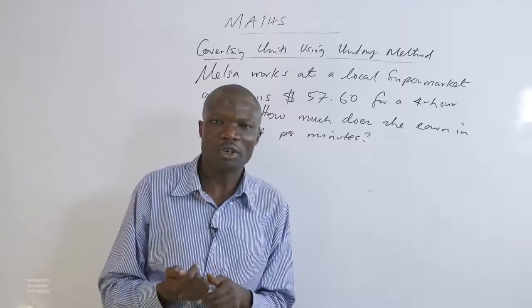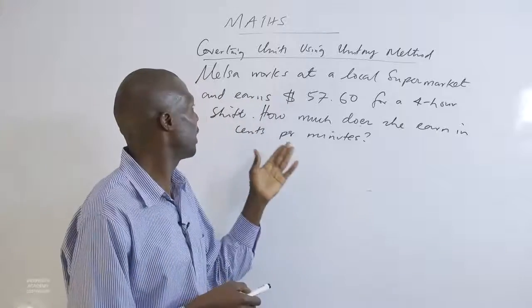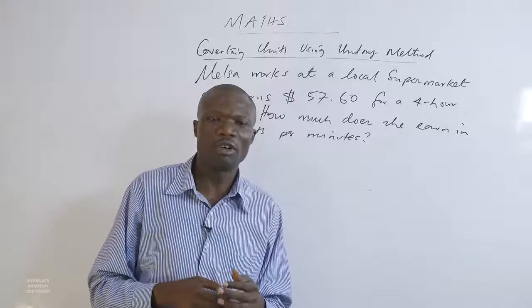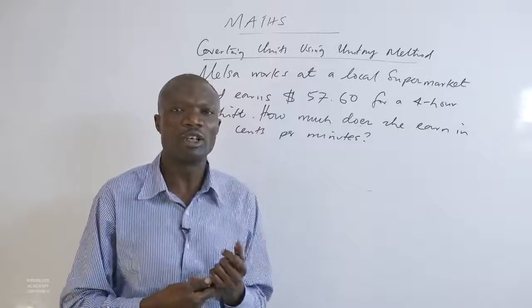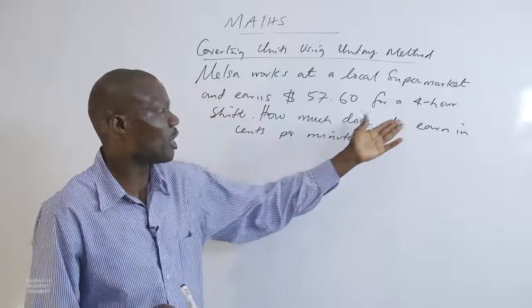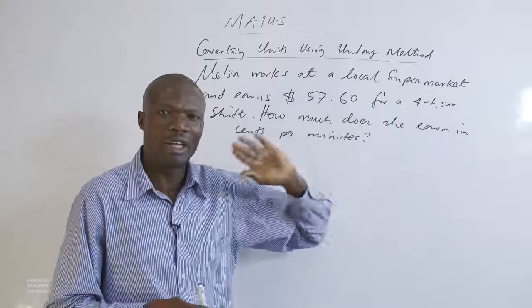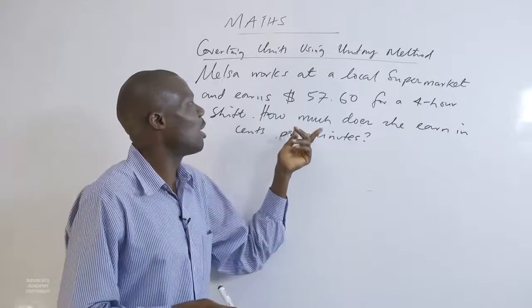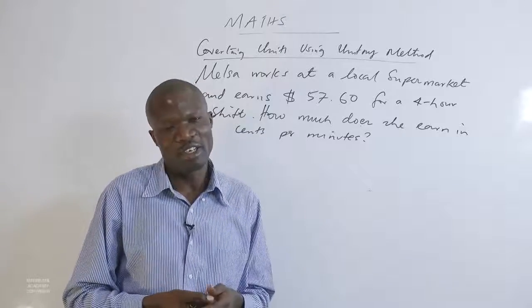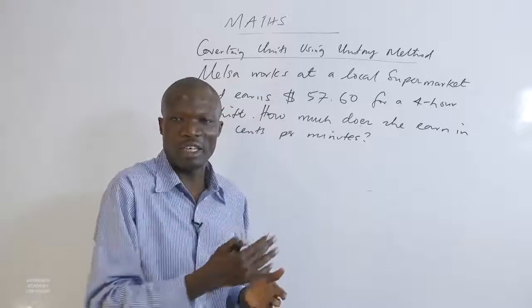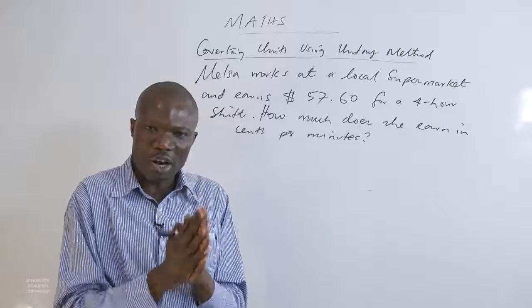Melsa works at a local supermarket where she earns a total of $57.6 for a strictly 4-hour shift. How much does she earn in cents per minute? So we have been given what she earns for 4 hours.